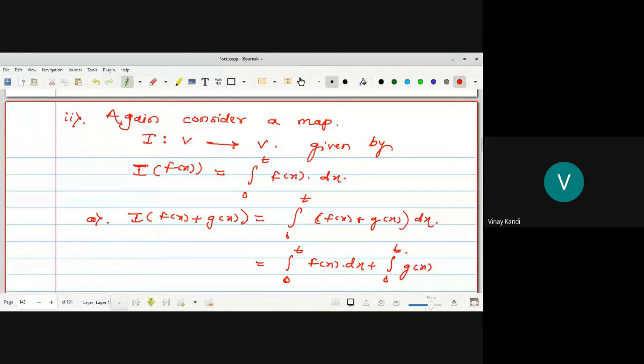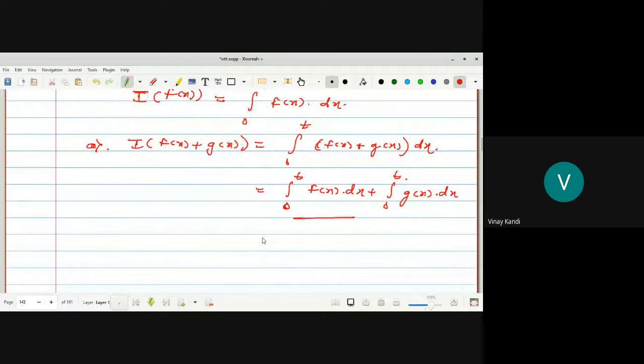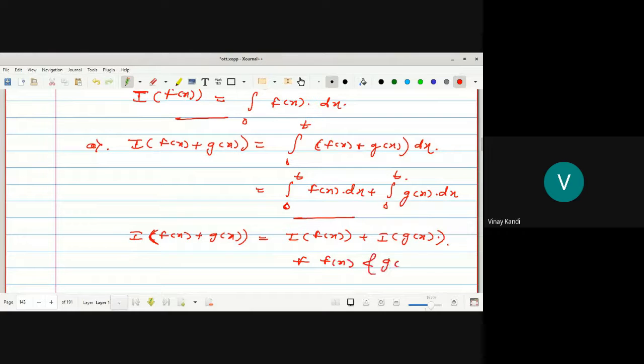What is this one? I of f of x plus I of g of x, by the definition given to us. So here we get I of f of x plus g of x is equal to I of f of x plus I of g of x for all f of x and g of x belonging to capital V.